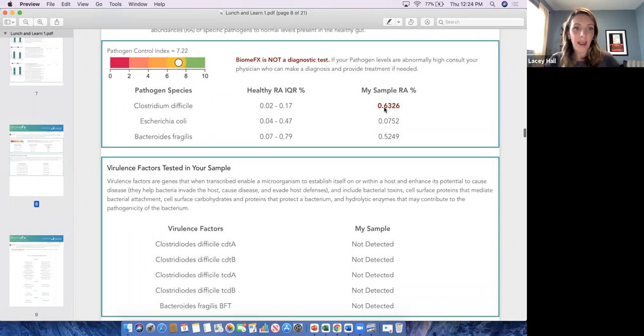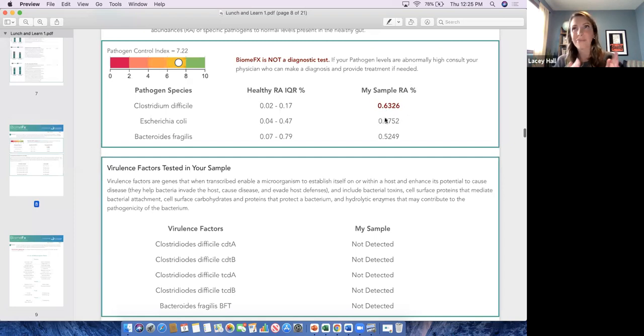It's a spore and it can survive in the environment, it can survive on hard surfaces. If any of you have worked in a hospital, I can almost guarantee you've got C. diff in your gut. It's just very prevalent and difficult to get rid of. Now, we don't really need to care about it too much until it reaches a higher amount. Generally speaking, you're in the hospital when this amount is around 6%.